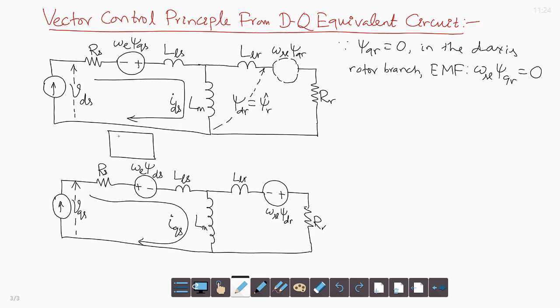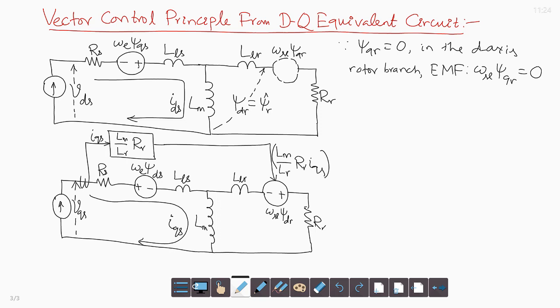Here we have a block Lm by Lr into Rr which takes the current IQS as input and it decides this EMF, that is Lm by Lr Rr into IQS.